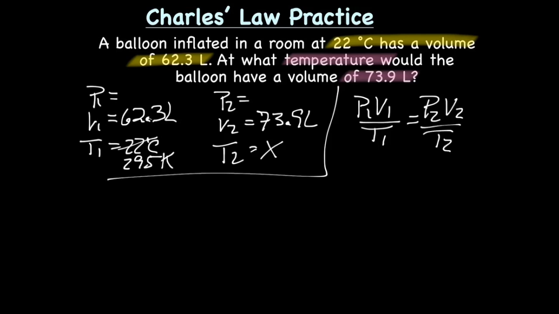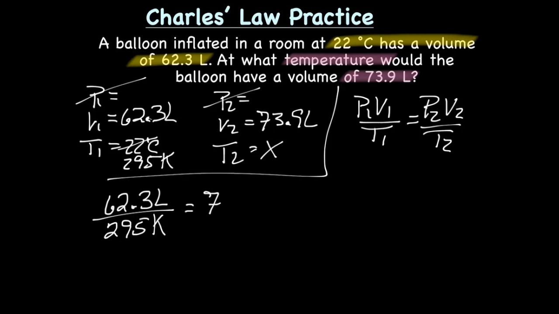All right, so I don't need to worry about the P's because I don't have any of those. So my V1 is 62.3 liters, and my T1 is 295 K. My V2 is 73.9 liters, and I don't know T2.